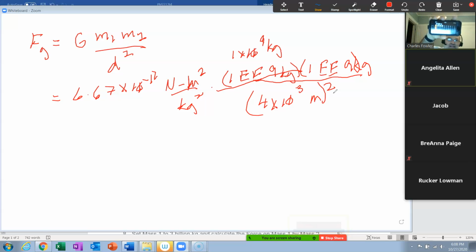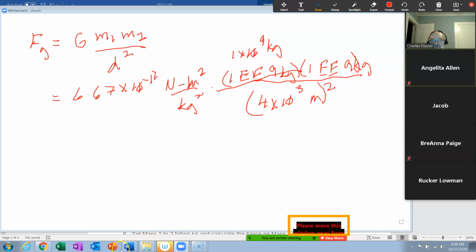What do you get as your force because of 2 1 billion kilogram masses 4 kilometers apart? What do you get there?